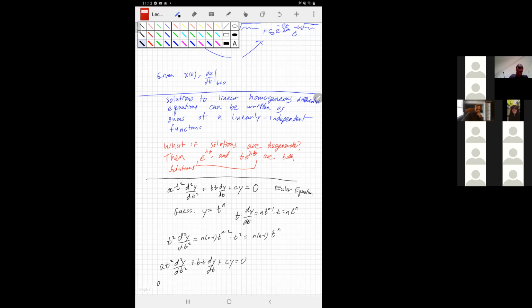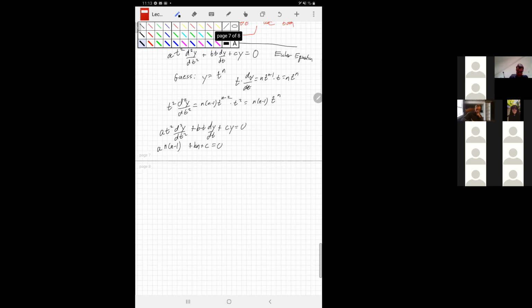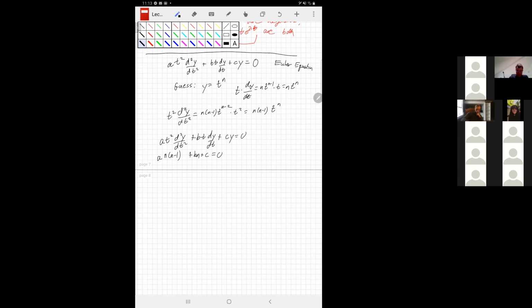So that's going to be a n times n minus 1 plus b n plus c equals 0. Okay, we've got an equation for n here. We've got a quadratic equation. We've got a n squared minus a n plus b n plus c equals 0.